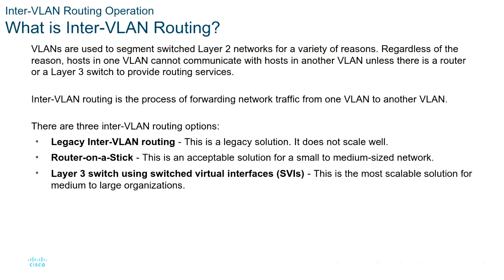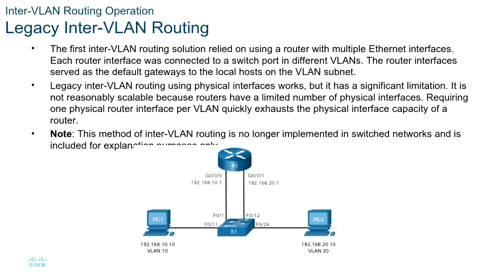We're going to talk first about legacy inter-VLAN routing. This is the old way we would do things. And then we'll talk about layer 3 switches. So if I just had 2 VLANs, I've got two PCs going into the switch. PC1 is connected to a VLAN 10 port, and PC2 is connected to a VLAN 20 port.